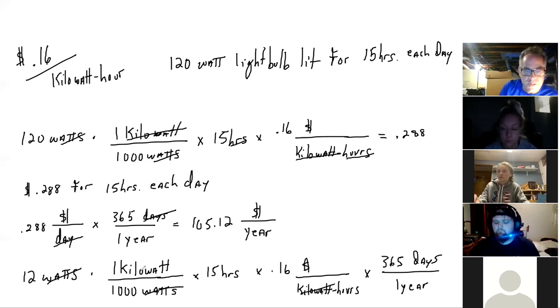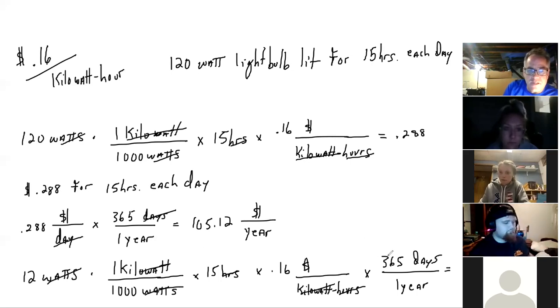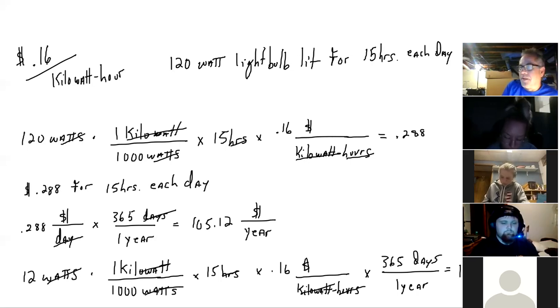So I get the kilowatts to cancel, got the watts to cancel, got the hours to cancel, and I'm going to be left with, at this point, dollars per year. I'm going to get this also 12 times 15 times 0.16 times 365 is going to work out to be 10.51 dollars per year.